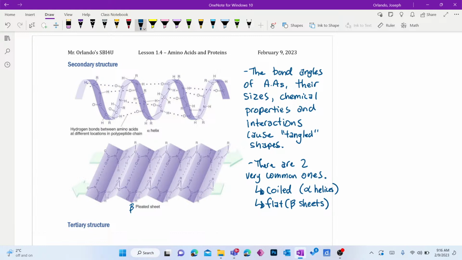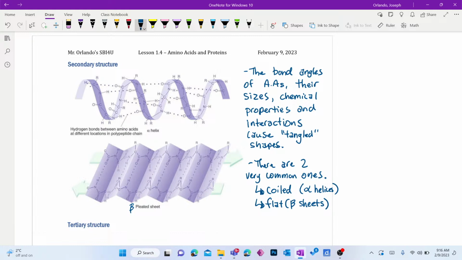If you do a different orientation, you can get this kind of flat section called a pleated sheet. This is just two examples of secondary structure, all right? There's many, many other shapes you can get by putting together different combinations of R groups, but these ones pop up a lot. If you look at chemical structures of proteins, you'll see sections where instead of drawing all of the individual amino acids, they just throw a coil in there.